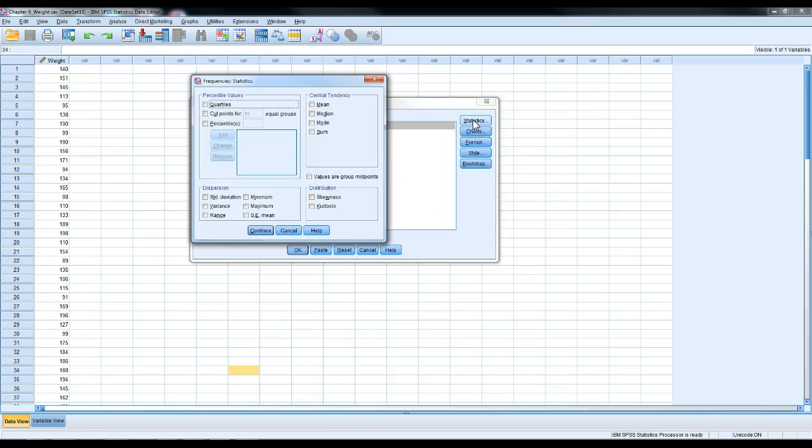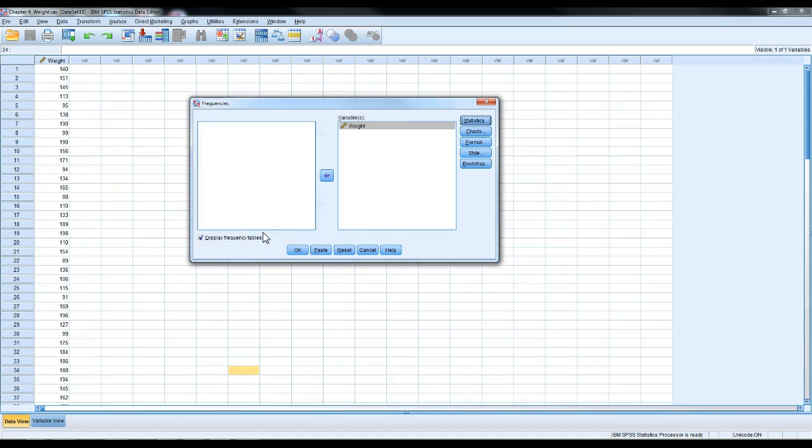And then the statistics that are specified are the mean, standard deviation, median, mode, the range, and usually when I request a range I also want to see the minimum and the maximum values, so I'm going to click those as well. And then we want to understand skewness and kurtosis.